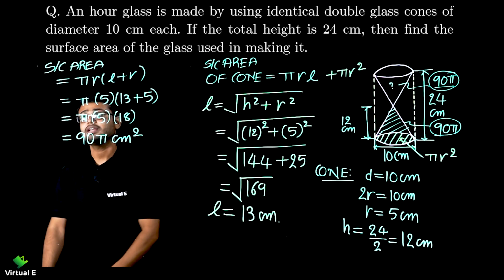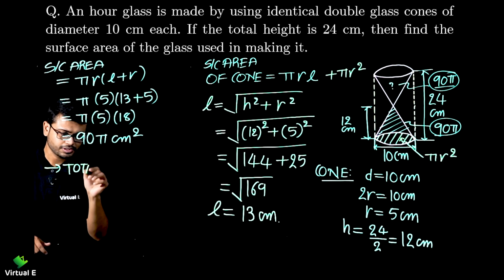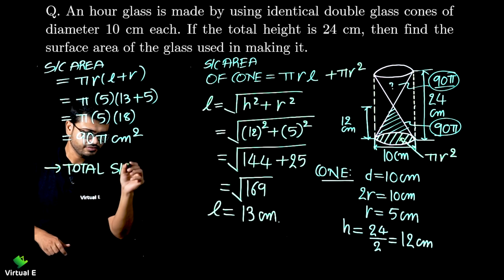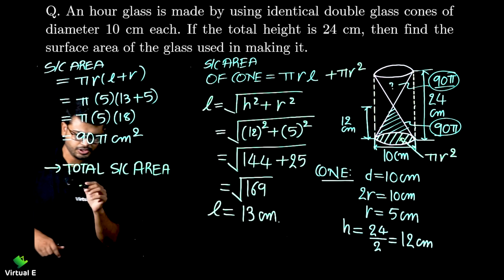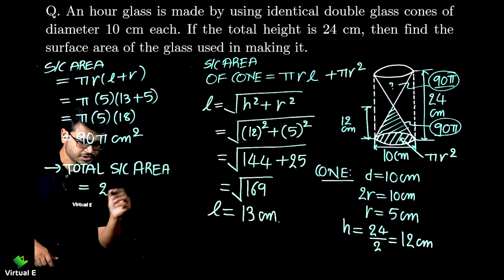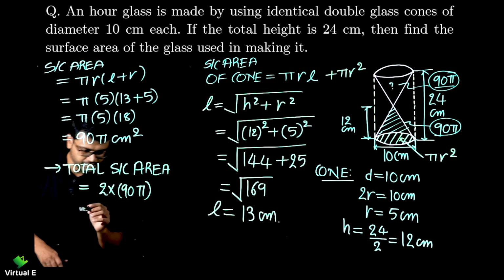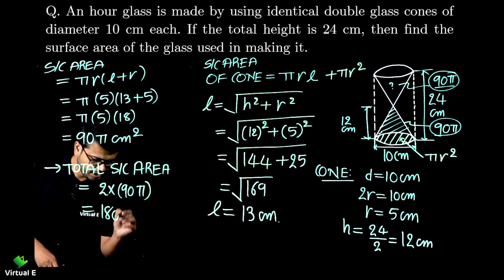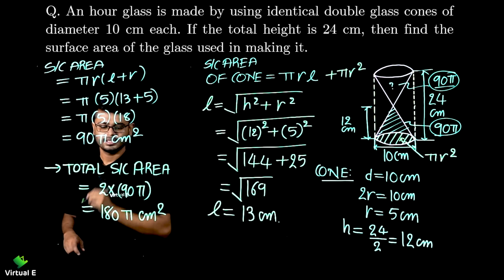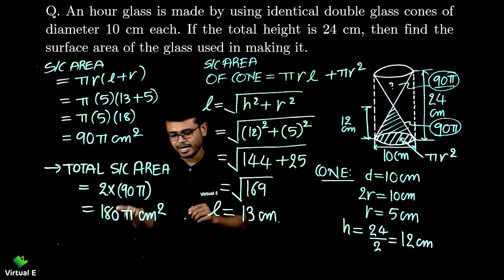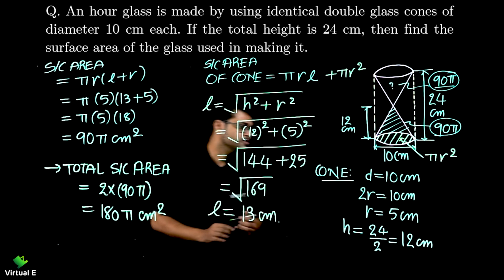Let's write the final answer. You can multiply by 2, so 2 multiplied by 90 pi, which is 180 pi centimeter square. If you substitute the value of pi, you will get the answer in decimal. That's why I kept it as it is. This answer is still correct.